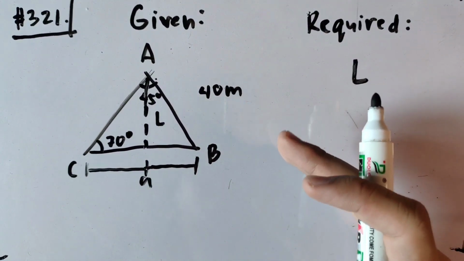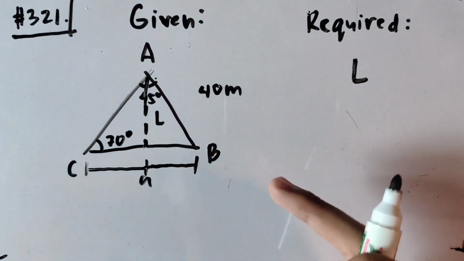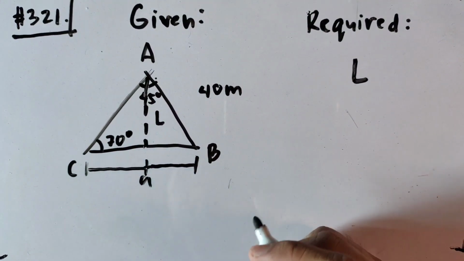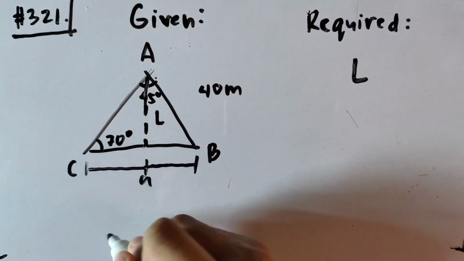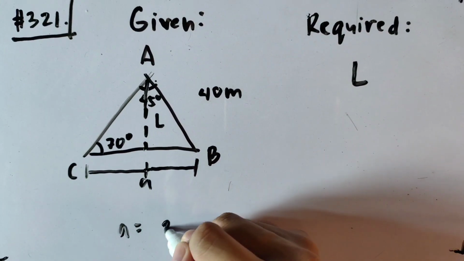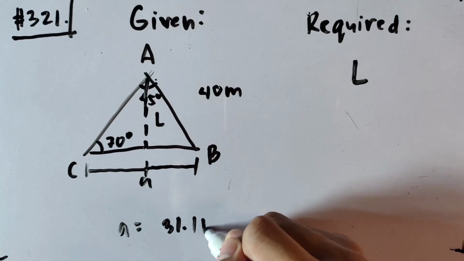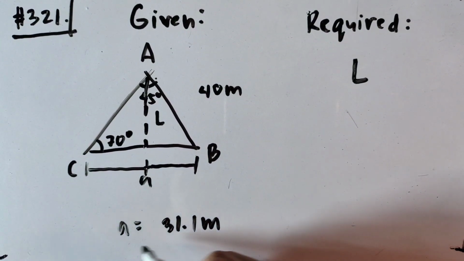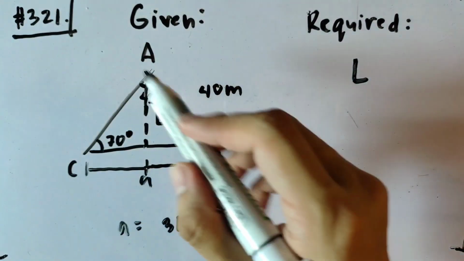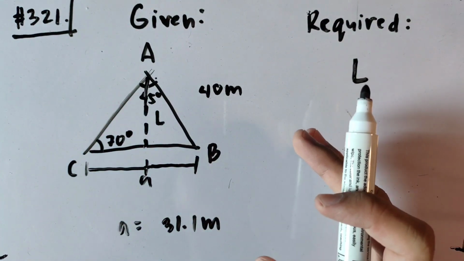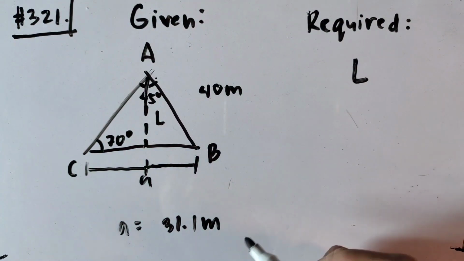Kaya lang, ginawa na natin yun sa previous problem natin. Doon sa last na video ko, yung number 320. At ang na-solve natin na value ng side A ay 31.1 meters. So pwede natin gamitin ito kasi same triangle lang ito doon sa previous problem natin, which is number 320.